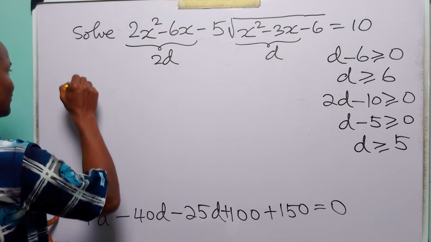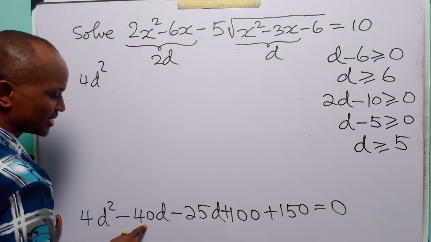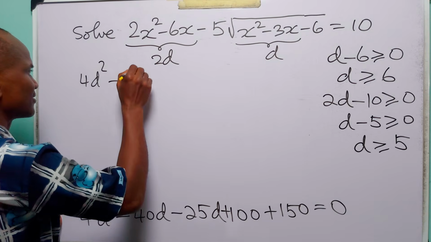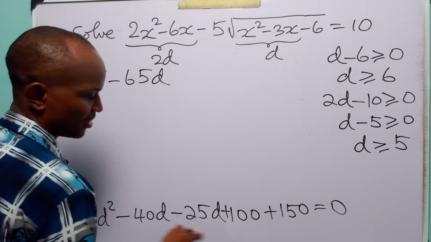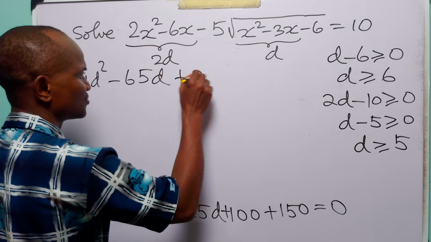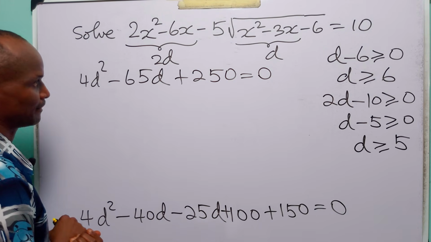And from here we have 4d squared minus 40d minus 25d is going to give us minus 65d. 100 plus 150 is 250. This is equal to 0.